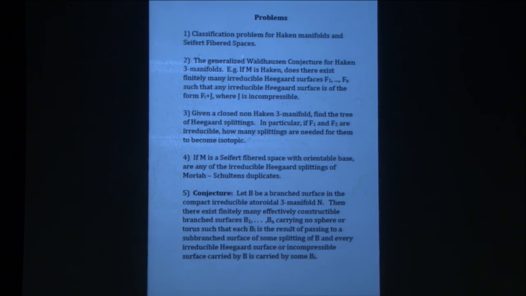In the same manner that Tao Li gave us this list of surfaces which contain all the irreducible ones of a given genus, and so does Johannson, but sorting out the duplicates and reducibles there needs to be done. And also there are still interesting things in the fibered world.